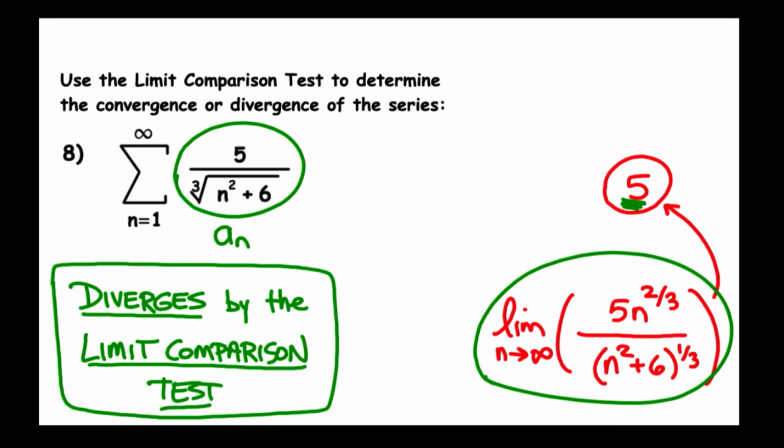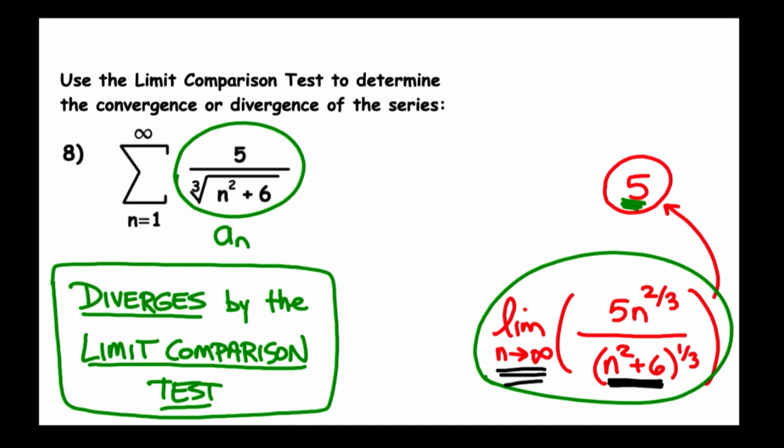Now, of course, it's the limit as n approaches infinity, and that will make infinity over infinity. You can try L'Hopital's rule like I did, but L'Hopital's rule does not work. It's one of those cases where it goes on forever. So instead, I have to get a little bit more creative. Think about this. You're heading towards infinity with your n. What's the difference between n squared plus 6 and just having an n squared? Not much.